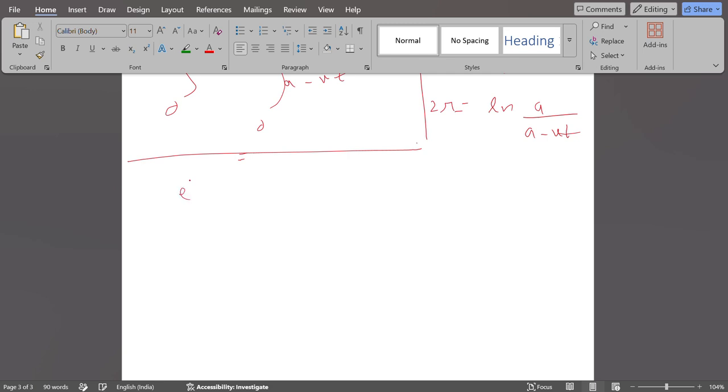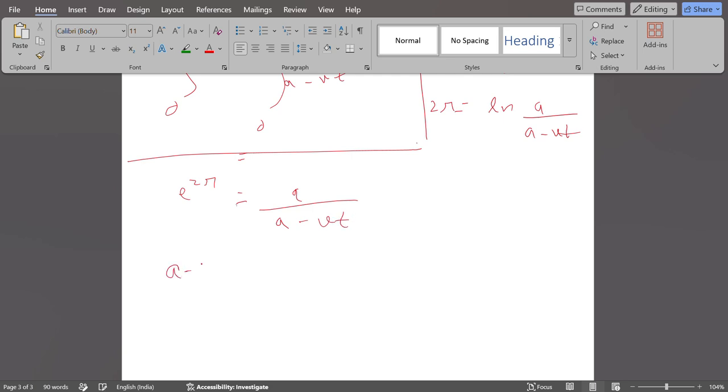Taking e to the power on both sides, the log and e cancel, and it would be left with e to the power 2 pi equals a upon a minus vt.